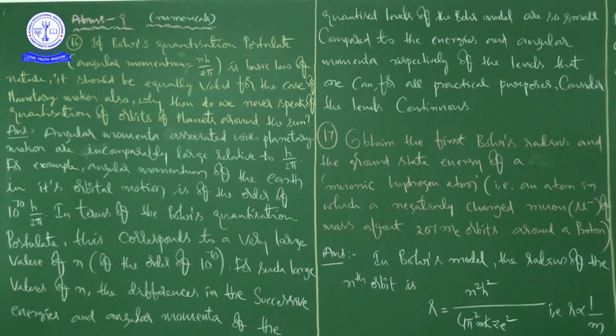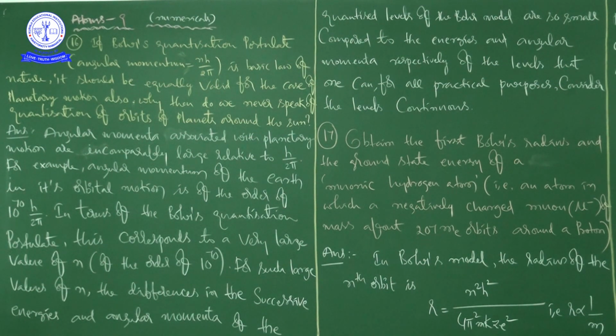So n into h by 2 pi, where h is Planck's constant, n is the number of the orbit where it is revolving, and pi is the constant. So angular momentum L, that is equal to mvr, is equal to n into h by 2 pi.